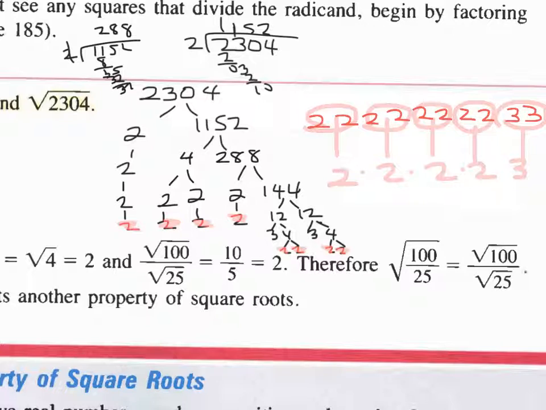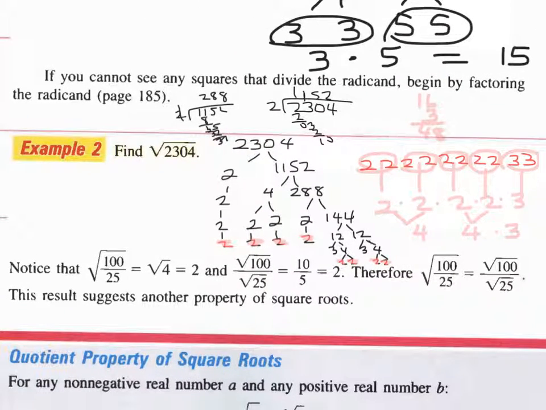Then you go back and multiply all these numbers. So 2 times 2 is 4. I could also do a 4 here, and I still have the 3. And then 16 times 3, and I get 48. So the square root of 2,304 is 48.